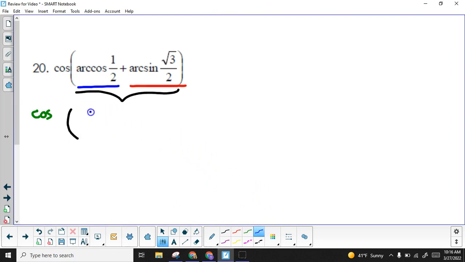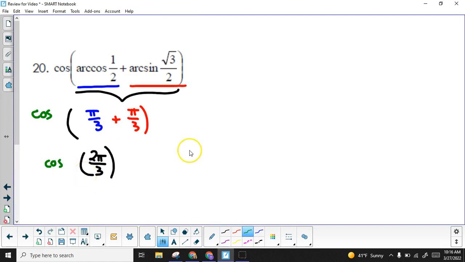That is pi over 3. And then for the next part, what angle has a sine value of root 3 over 2? That is also pi over 3. When we add pi over 3 and pi over 3, we get 2 pi over 3. And of course, we are taking the cosine of 2 pi over 3. Cosine is our x coordinate. 2 pi over 3 is in the second quadrant, and so our x coordinate there is -1/2.